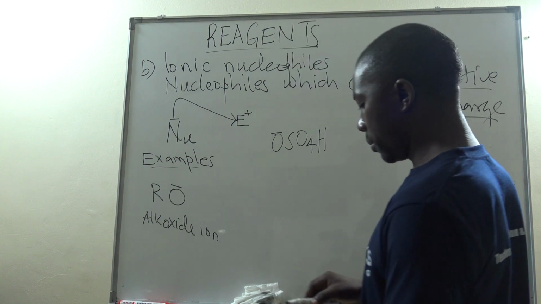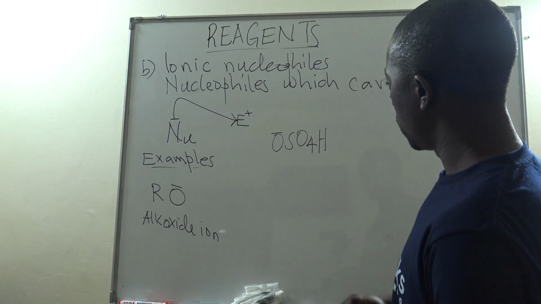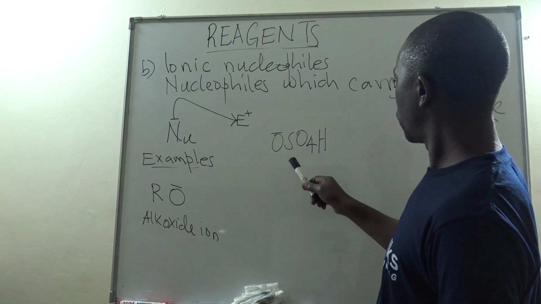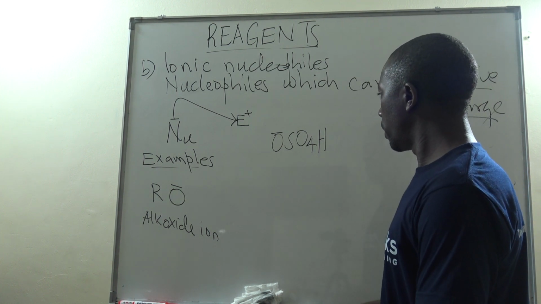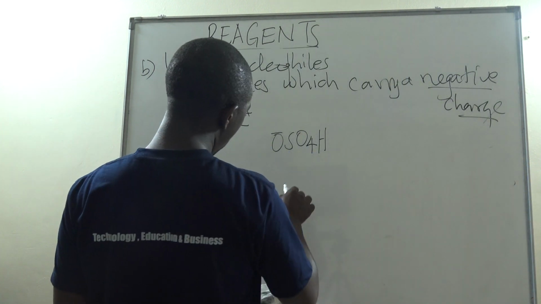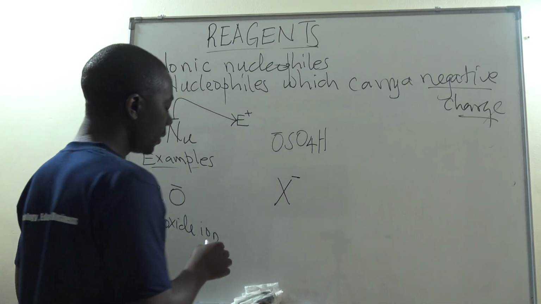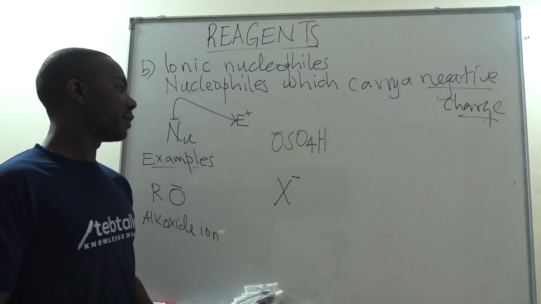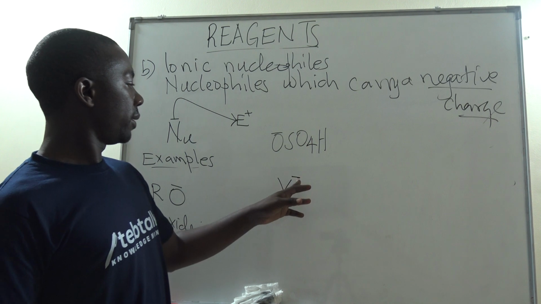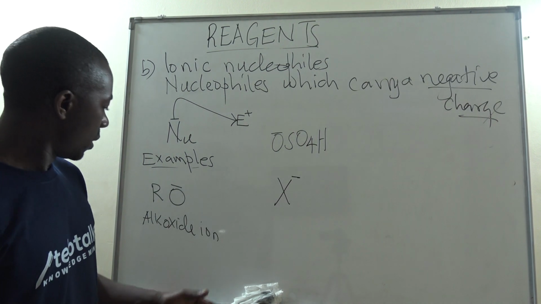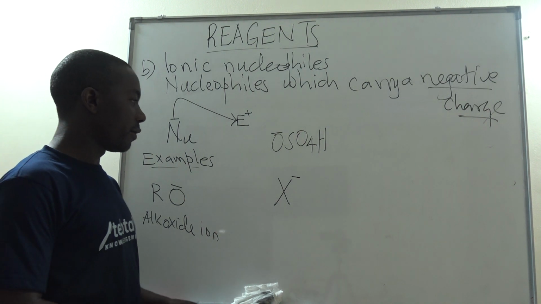The second example could be that ion, which is hydrogen sulfate. It is also a nucleophile, and it can donate its electrons. Or halides. Halides are also ionic nucleophiles because they have ions to donate. It can donate this pair of electrons, which is here, to electron deficient species, and therefore it is a nucleophile.